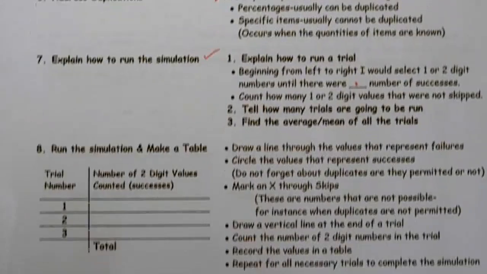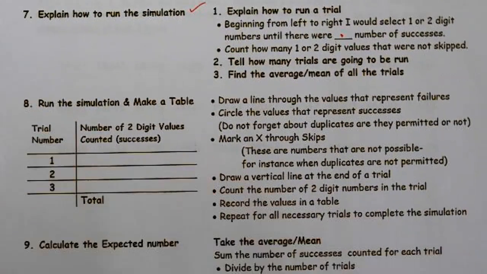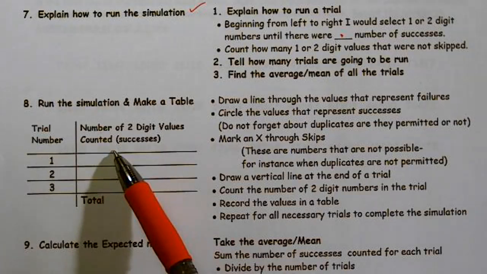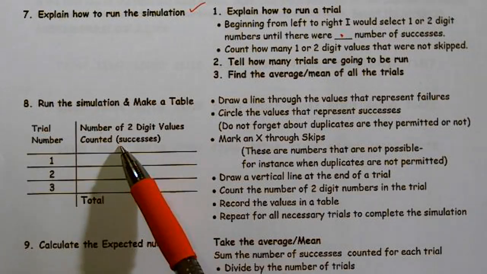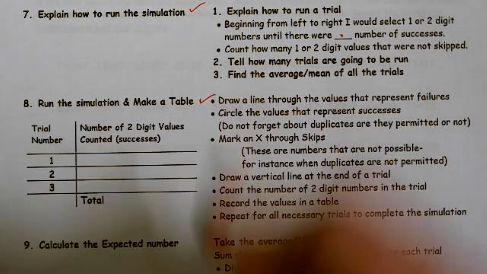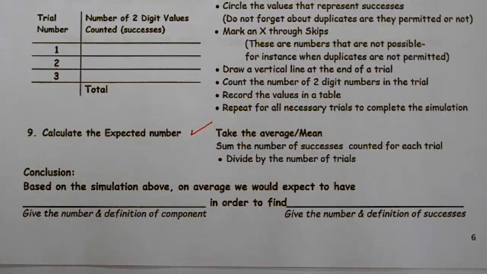And once again, in the next video, I'll give you an example of that. Make sure you just make a table. This really just needs to be a simple T-chart where you have your trial and then your number of successes or your number of counts. All right, and then you're going to ultimately take an average of that. So you're going to have to make a table, and then ultimately you're going to have to come back and take an average. And once you've done that, you're going to have to give a conclusion.